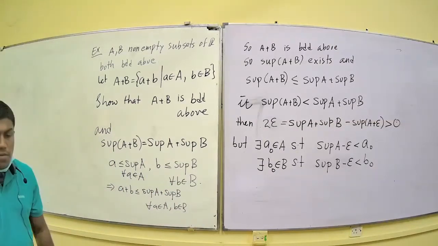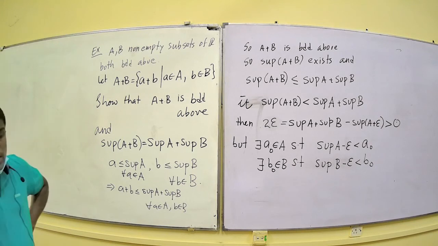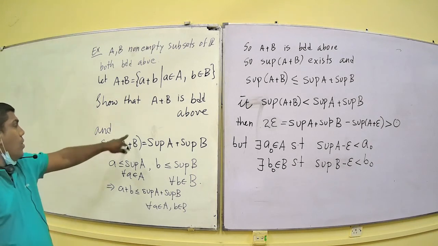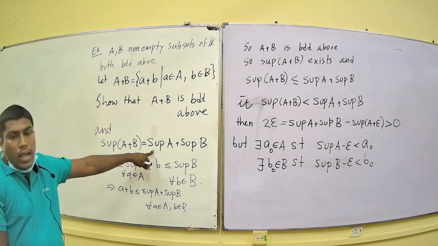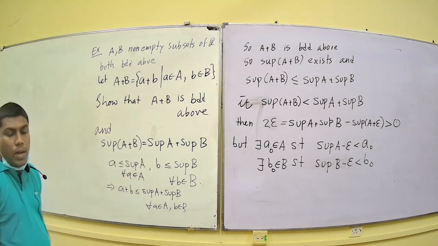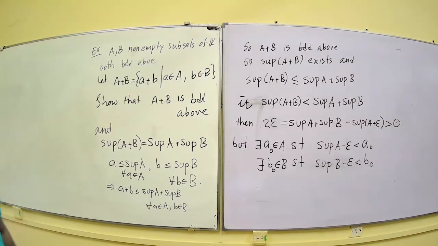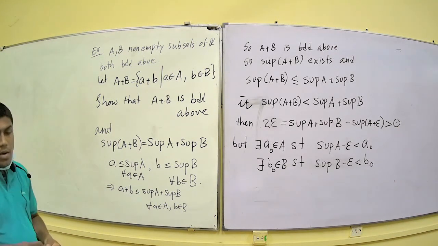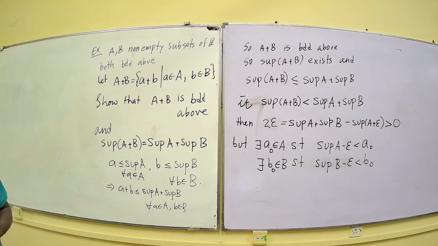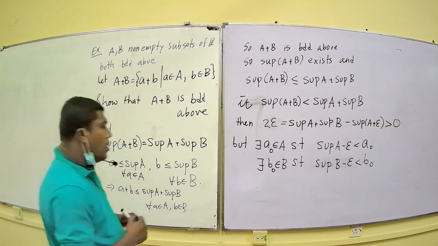You know this because of the infinitesimal characterization of supremum. So you already know supremum of A exists. So if you go epsilon below the supremum, you get less than a naught for some a naught. At the same time, there will be some b naught as well.